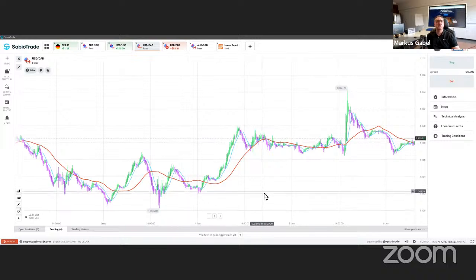Let's have a look if this is working. Okay, so for example, we start here. There we have a cross. And when it crosses again, then we sell. Then maybe again it crosses again.